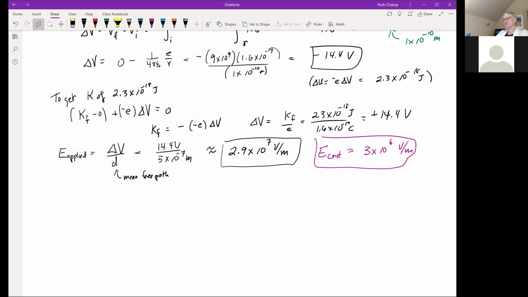So is this model reasonable? Last time we were off by 10 to the 5th. This isn't bad, is it? Here's a situation where we made a lot of approximations. How could we refine it?